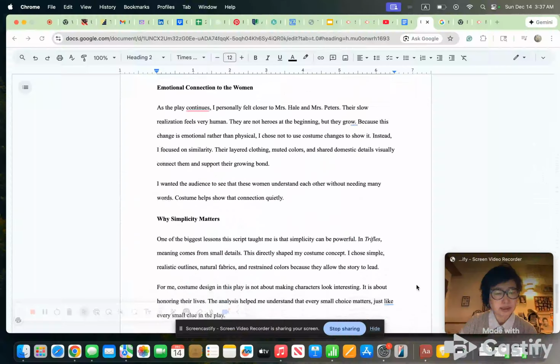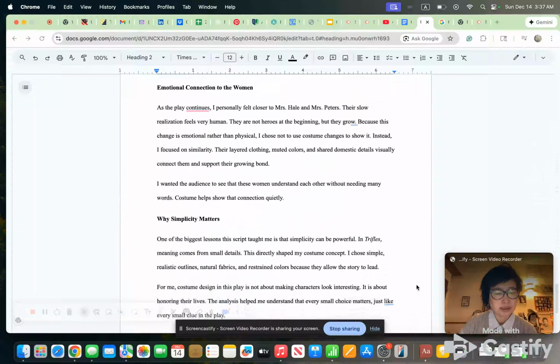For example, this one, where the cold natural lighting influences the muted color palette of the costumes. We're using browns, grays, faded blues, and off-whites to reflect both the winter setting and emotional isolation.